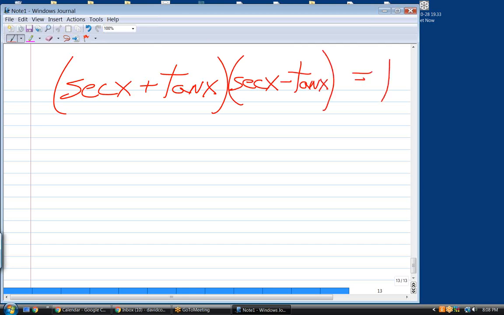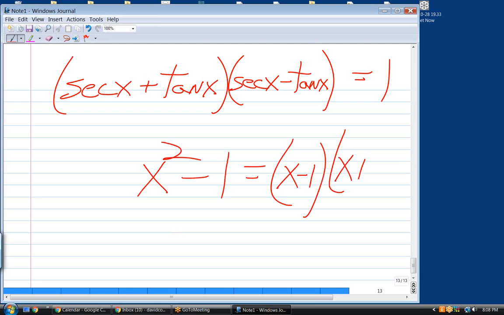Okay. Whenever you see the difference of perfect squares factored, okay, let's talk algebra. x squared minus 1 is always x minus 1 times x plus 1. Remember difference of perfect squares?